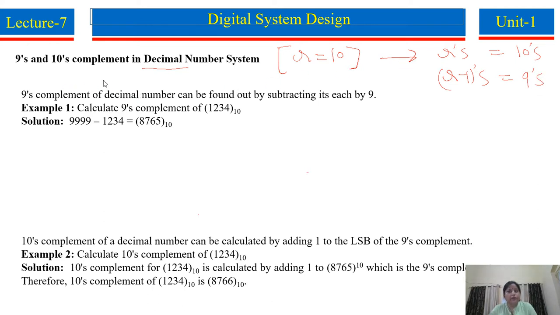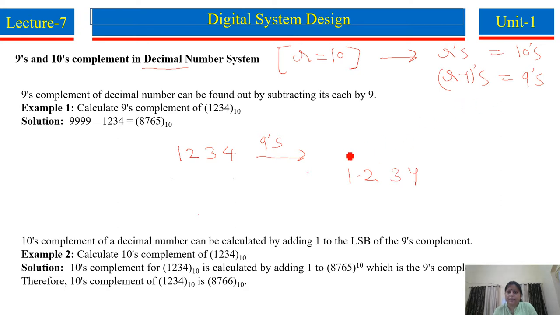So I already told, first of all calculate r minus 1 complement. देखिए, here I take example 1, 2, 3, 4. This is in decimal number system. How do we calculate 9's complement of this number? For r minus 1's complement, first of all you write down that number and subtract each digit of that number from r minus 1.